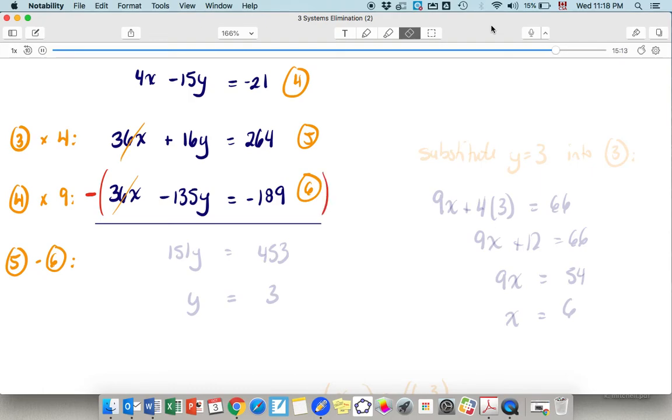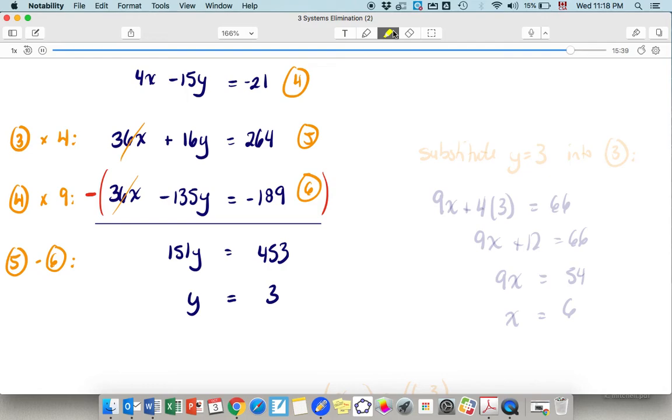That becomes 16 minus negative 135, which is the same thing as 16 plus 135, and I get 151y. And 264 minus negative 189 becomes plus 189, 453. All this work to reduce out, and y equals 3. So we actually end up with a pretty nice answer.